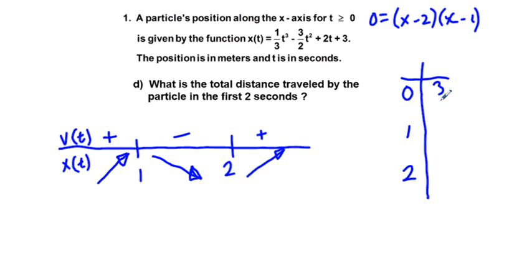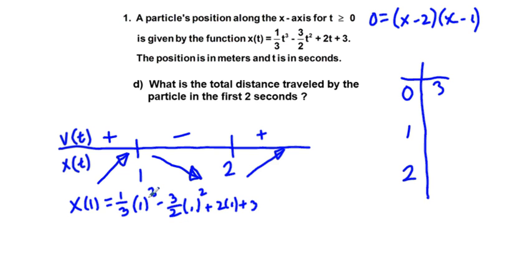And if we plug in 1, our position x of 1 is going to be equal to 1/3 times 1 cubed minus 3/2 times 1 squared plus 2 times 1 plus 3.